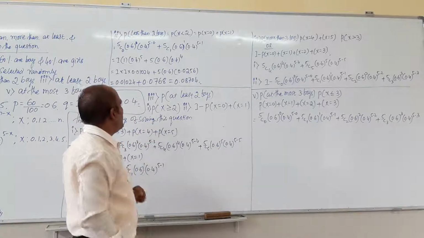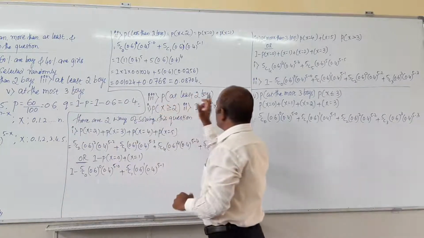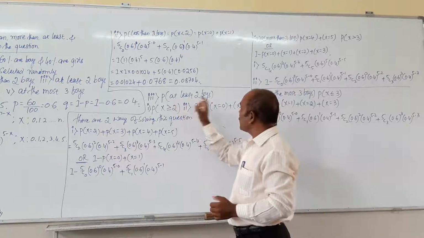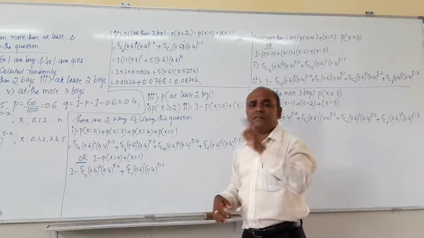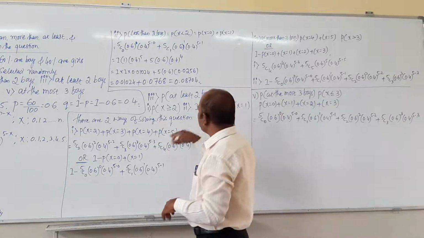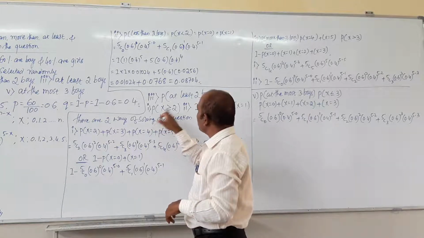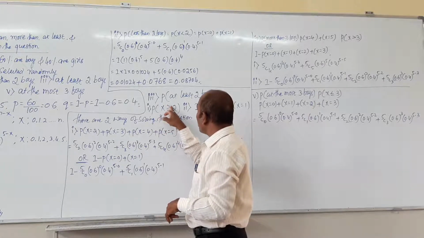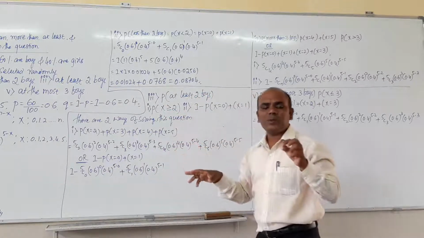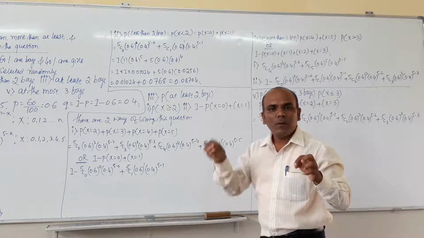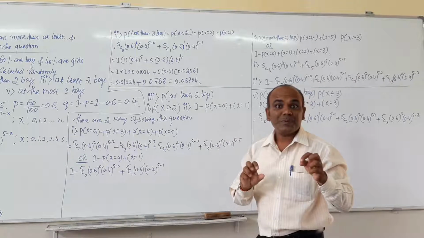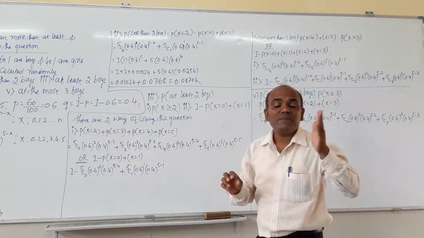Then the third question is at least 2 boys. If they ask a question like this, at least 2 boys, then there are 2 ways of solving it. The first one, as per the terms, the value of x must be more than or equal to 2. At least 2 boys means that of the 5 students selected, at least 2 boys must be there.